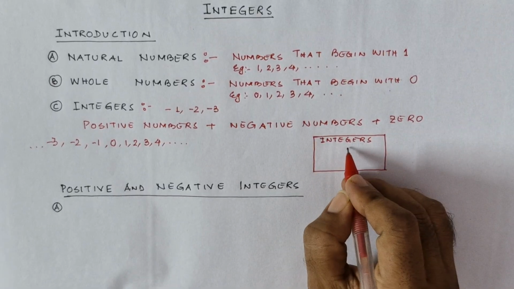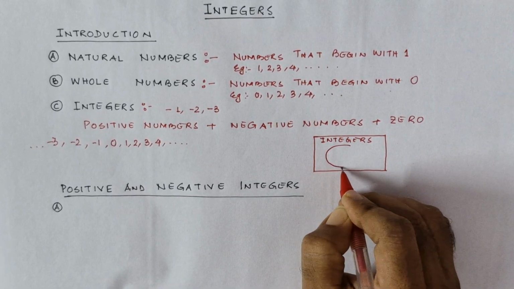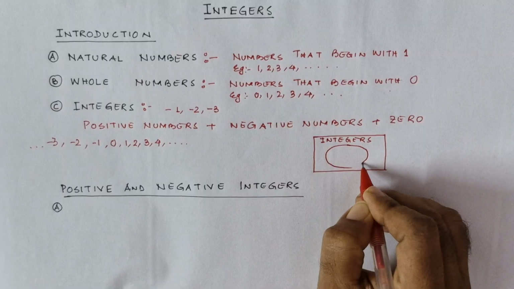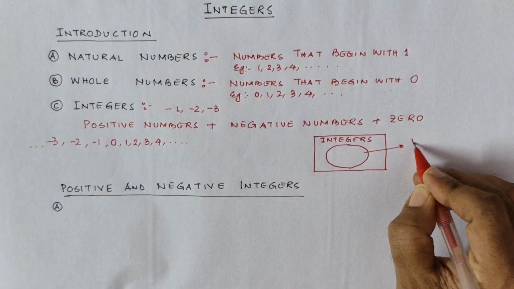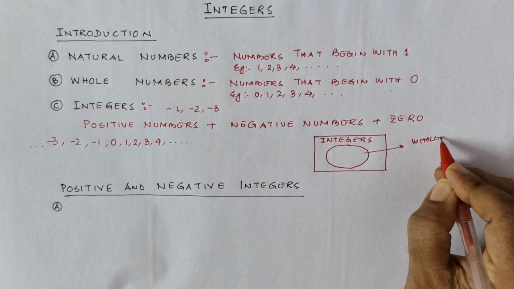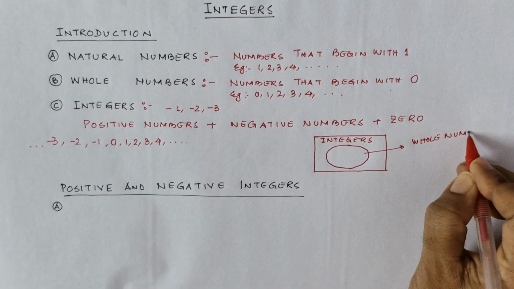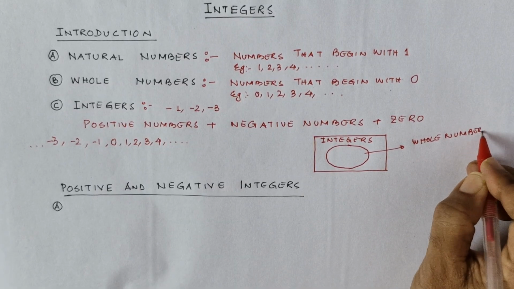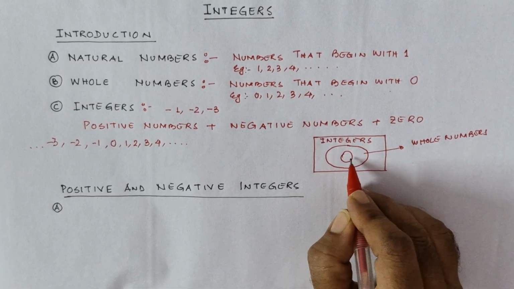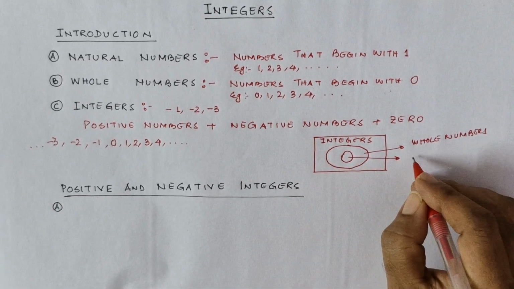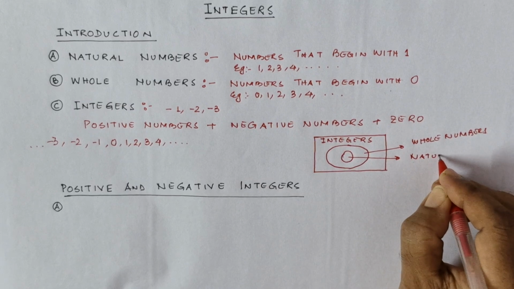Within integers, an egg-like shape is whole numbers, and a small circle will represent natural numbers.